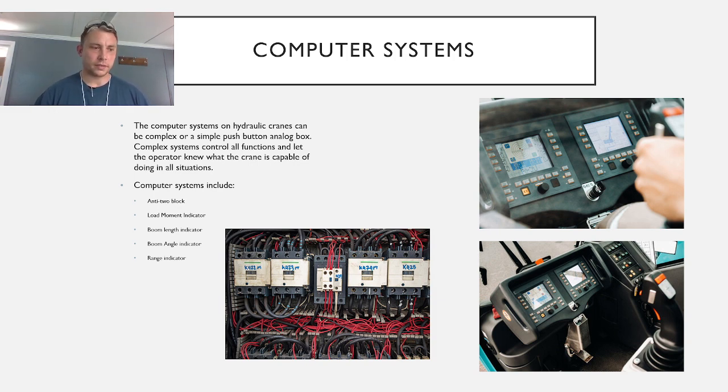Computer systems themselves, there's tons of these. I've worked with Liebherr cranes and Groves, and the computer system found in the upper cab and lower cabs is not just something you can see visibly. Sometimes if you go on the sides of the cranes and open up different doors, these things have supercomputers in them, and they allow you to do different stuff.